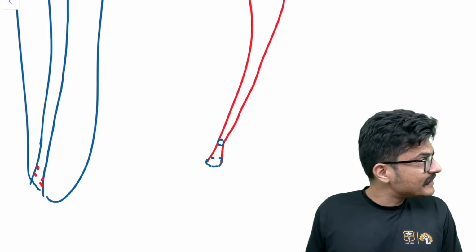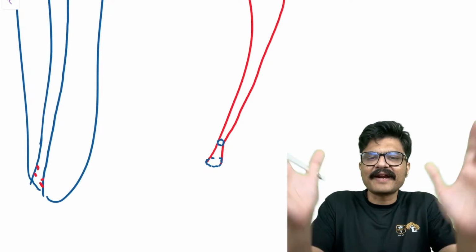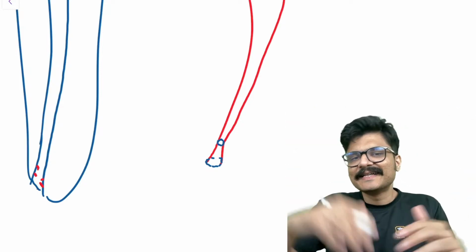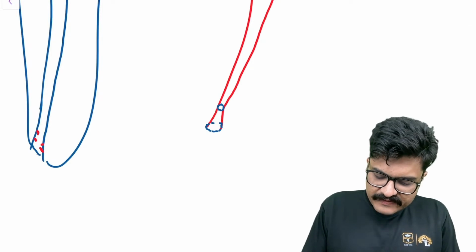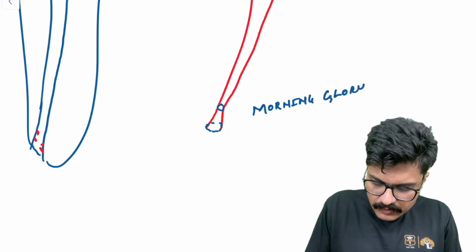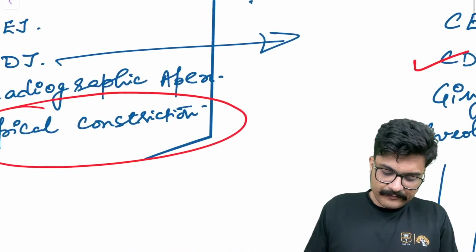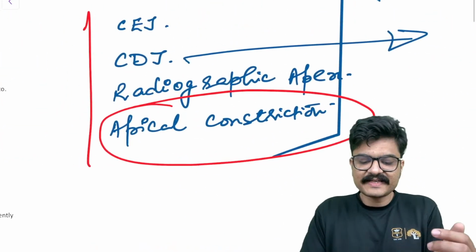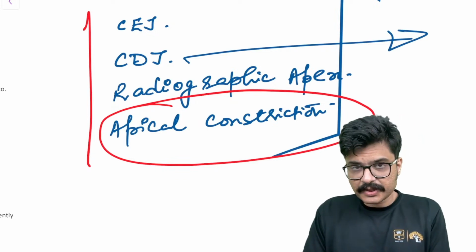This is like the diagram of the sun rising in between the hills that we used to make when we were small kids. This is known as the morning glory appearance, right, guys?